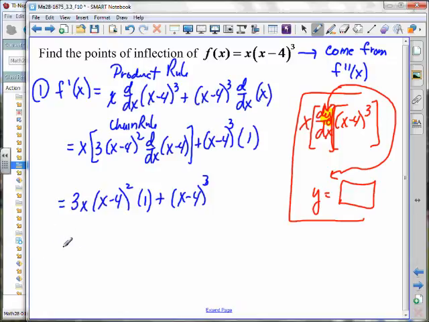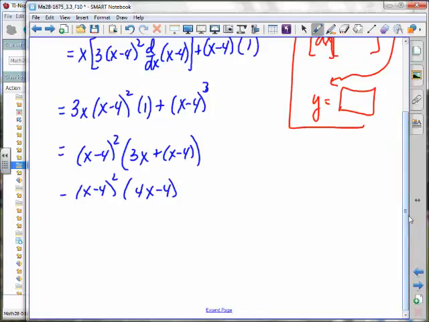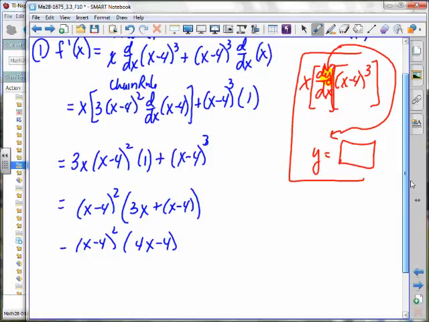So how you finish this up is up to you. You might say, well, I'd like to factor out an x minus 4 quantity squared, and that gives me 3x plus x minus 4. Or simply x minus 4 quantity squared times 4x minus 4. That may be where you want to go with that.